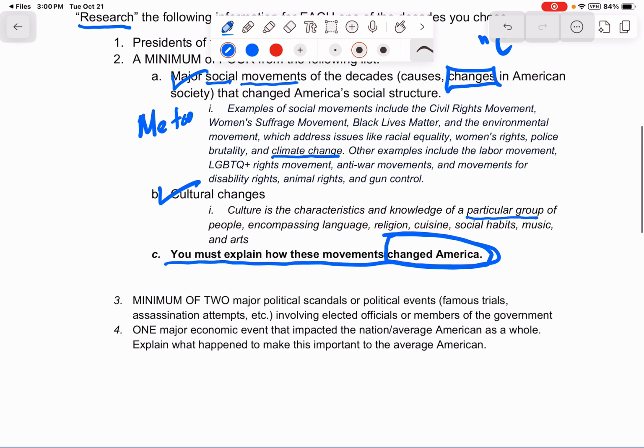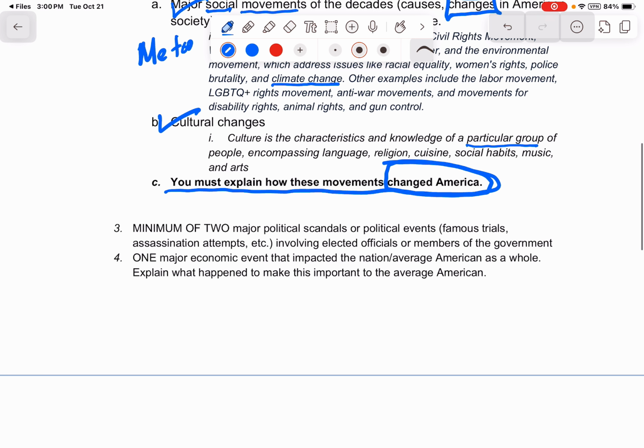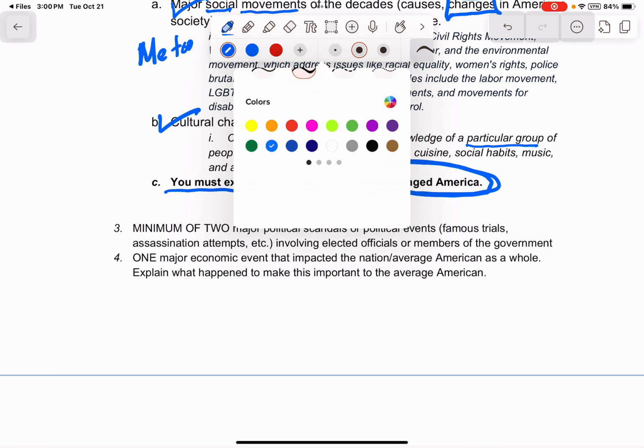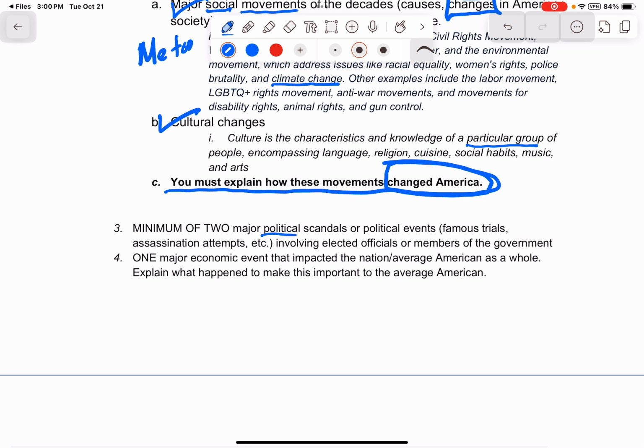Then, of the 2 decades that you chose, a minimum of 2 major political scandals. Something involving the government, elected officials, the president, anybody that is involved in politics. Okay? Famous trials, famous scandals, assassination attempts.